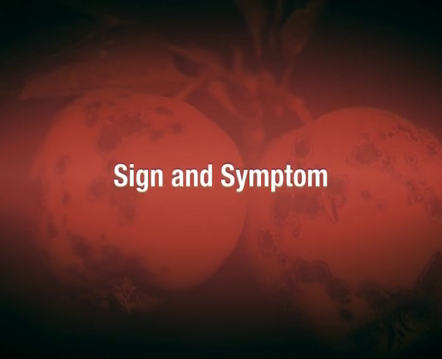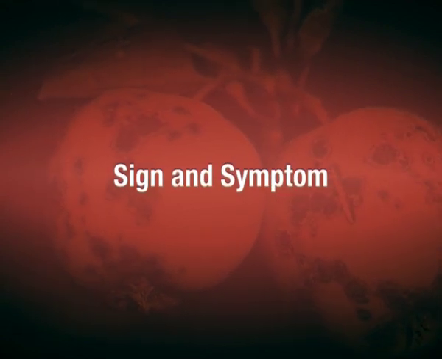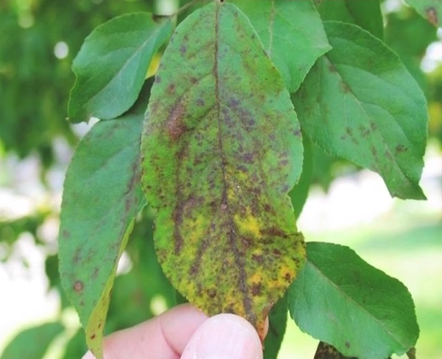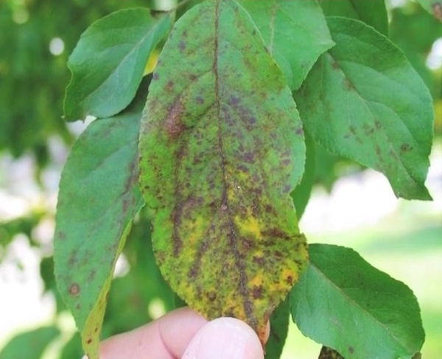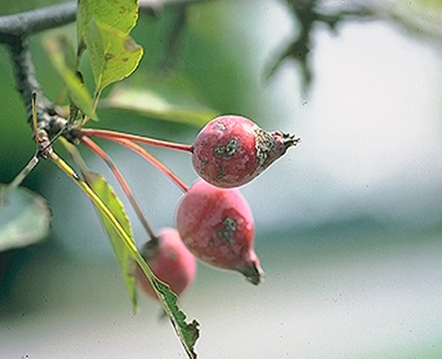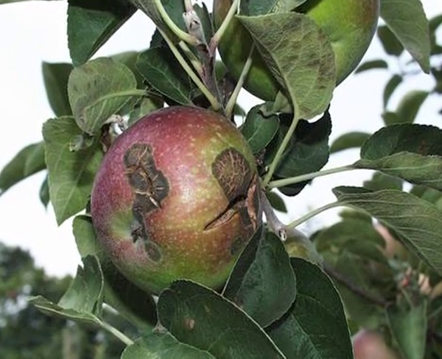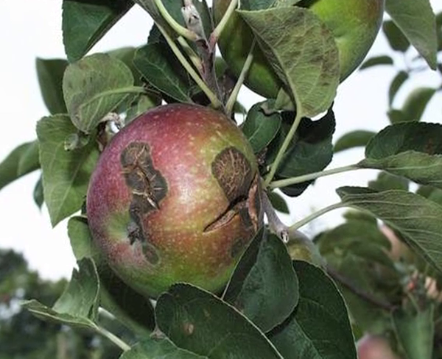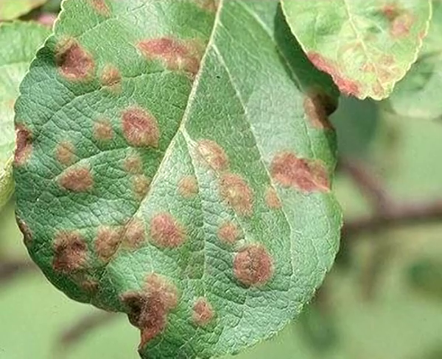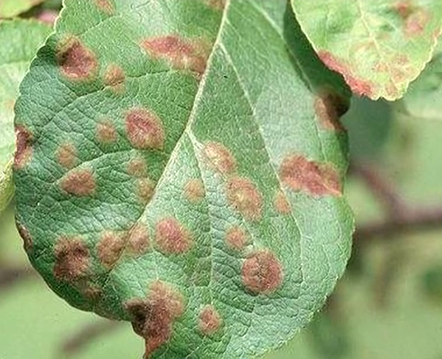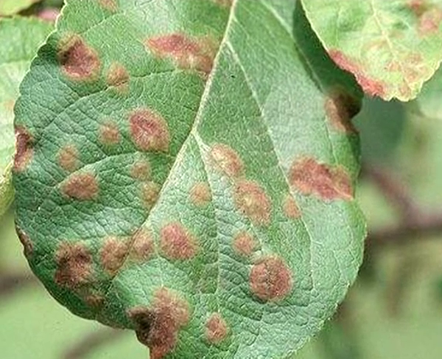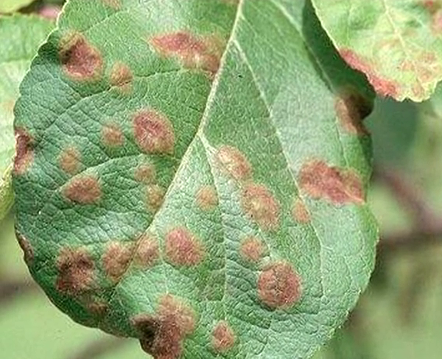The signs and symptoms of apple scab are: apple scab lesions occur on leaves, petioles, blossoms, sepals, fruit, pedicels, and less frequently on young shoots and bud scales. Young lesions are velvety brown to olive green and have feathery indistinct margins.